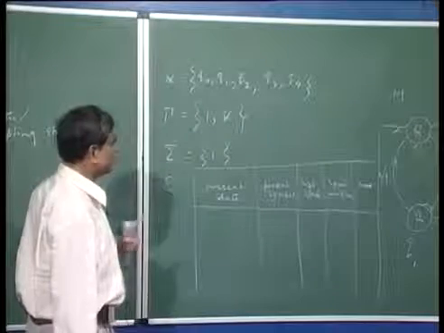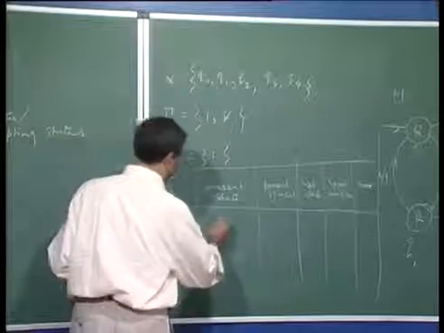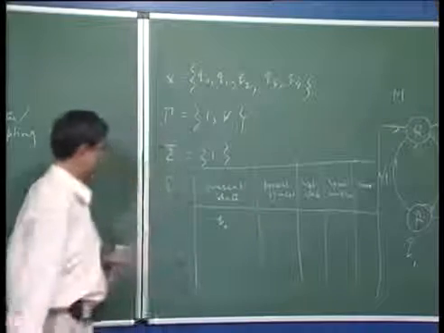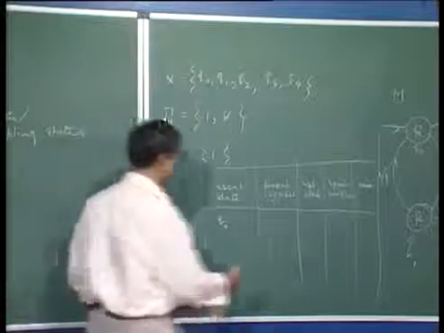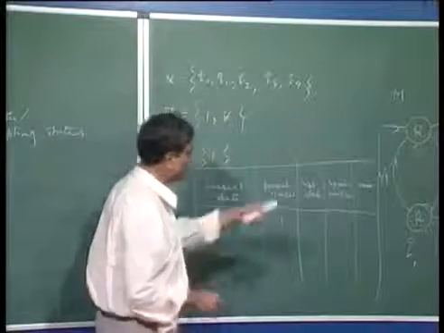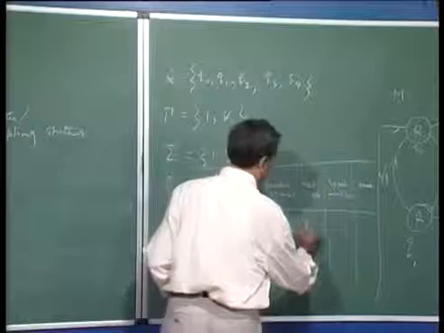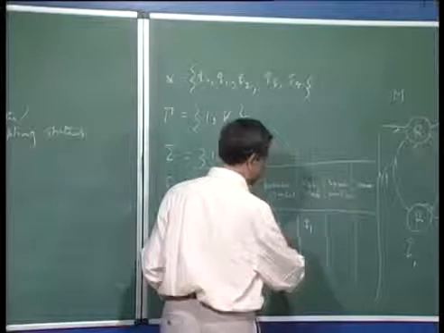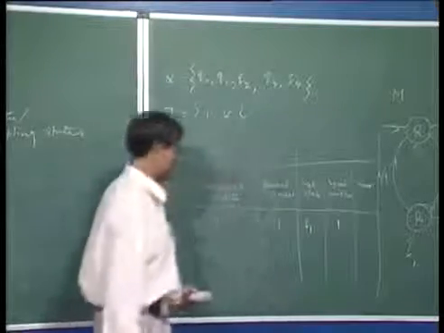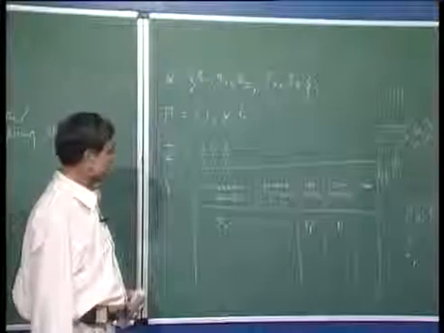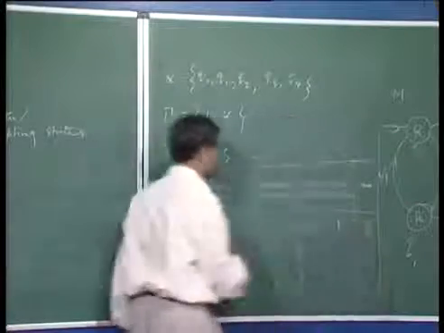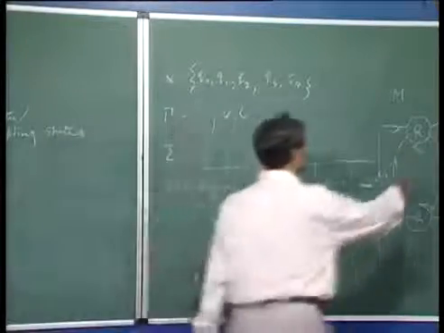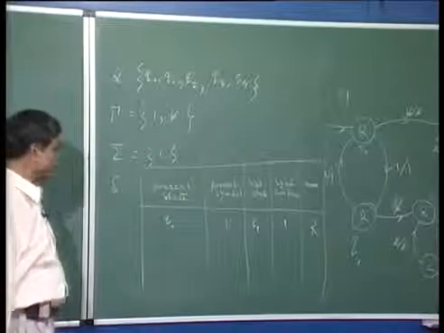So, just to be very clear, if the present state is Q0 and you see a 1, then you move to state Q1, you do not change that symbol to anything else, so you write 1 itself and you move to the right. This arrow corresponds to this row of this table.